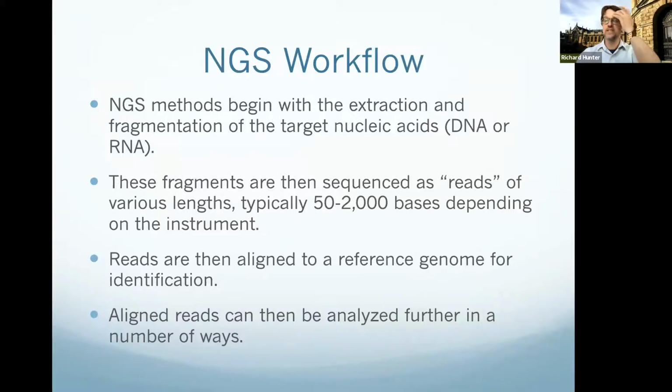If you're working in humans, this is pretty straightforward. Very often that alignment happens by the core that's sequencing your stuff, so you'll have these things aligned for you. And then depending on what you want to do, you can analyze those in a number of different ways. A very common one is just looking at differential gene expression. How much more RNA for this gene do we have under a stress condition versus under control conditions, et cetera.